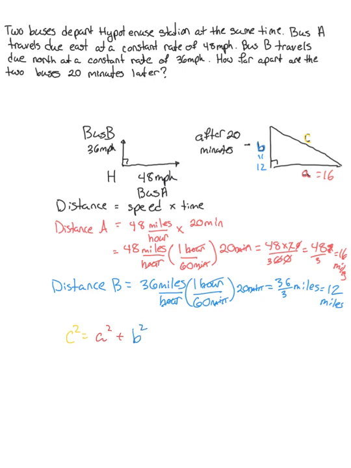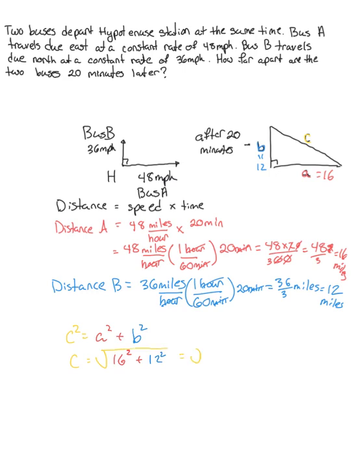And so C is going to be equal to the square root of A squared, which is going to be 16 squared, plus 12 squared. And so keep going with that.